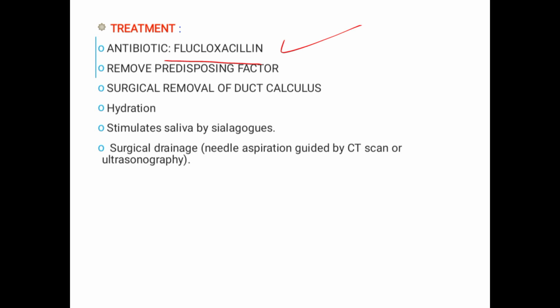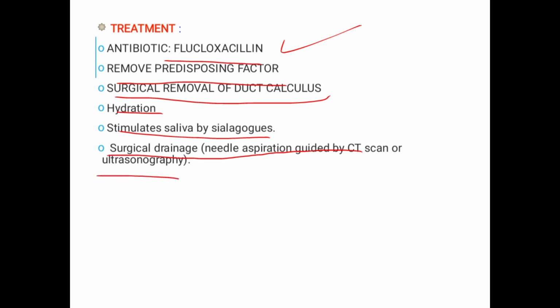Then remove the predisposing factor. The predisposing factor was decreased salivary flow, so increase the salivary flow. Do surgical removal of the duct calculus. If there is an obstruction with formation of calculus, you should remove it. Then hydration is very important. Stimulate the saliva with sialogogues. Then do drainage, needle aspiration guided by CT scan or ultrasonography.